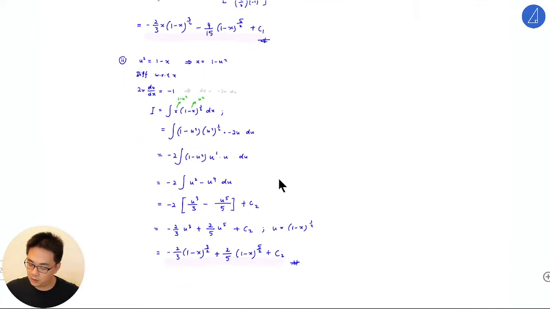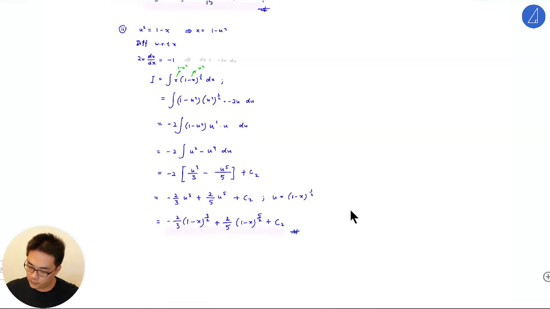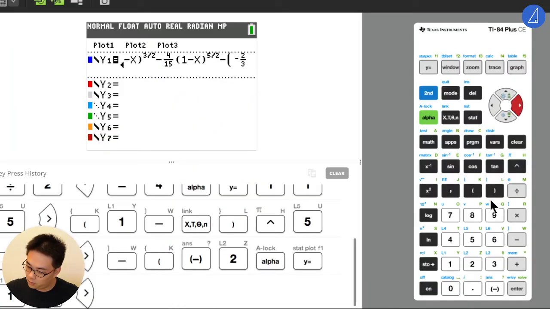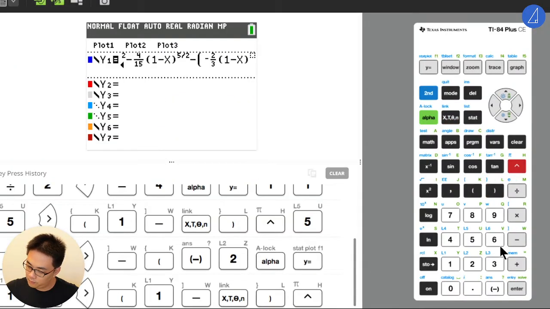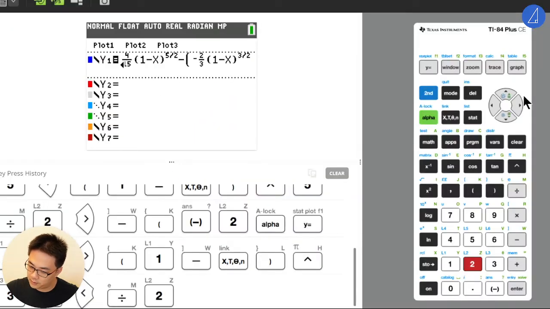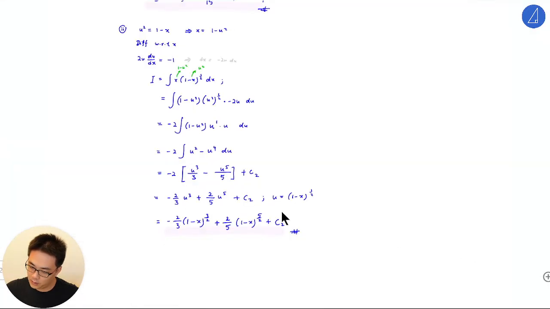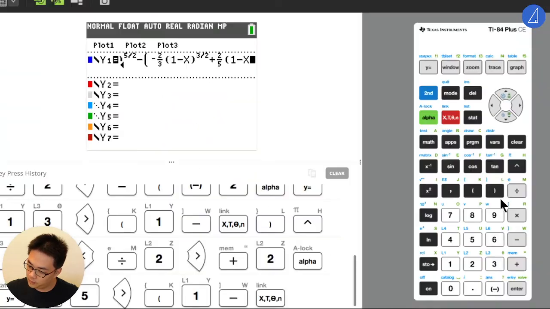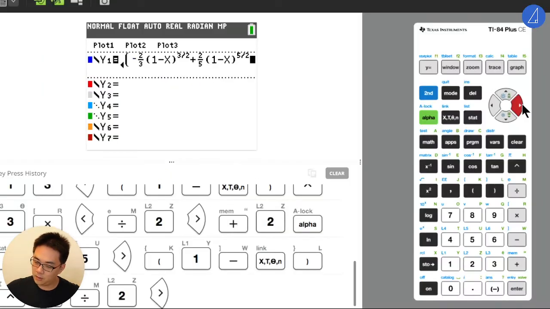Then you minus off the one below, minus of negative 2/3, 1 minus x. Then you just pass, 1 minus x.